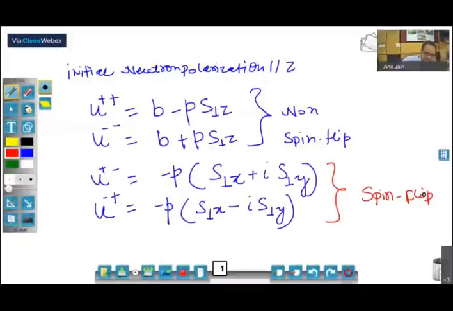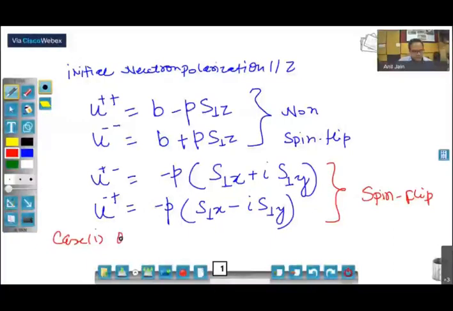Now let's take a system and assume that Q, your scattering vector, is in the direction of the initial neutron polarization. Suppose I start with case 1.